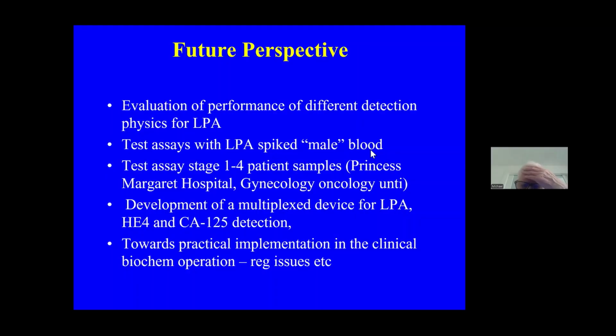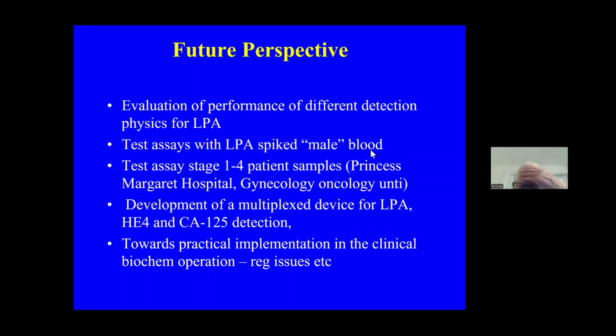Looking at real cases, it's not obvious at this point which would be better. We're also looking at quite a lot of test assays with male blood, because there's no LPA in male blood. So we're spiking that, looking at different concentrations, doing a very careful, detailed study of concentration effects for all three of the techniques we've been looking at here.